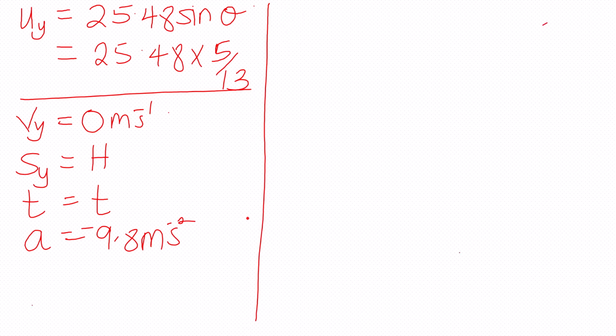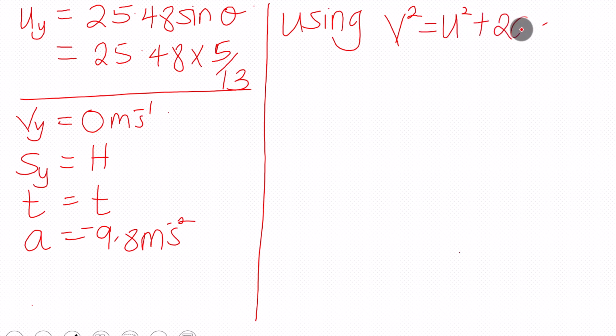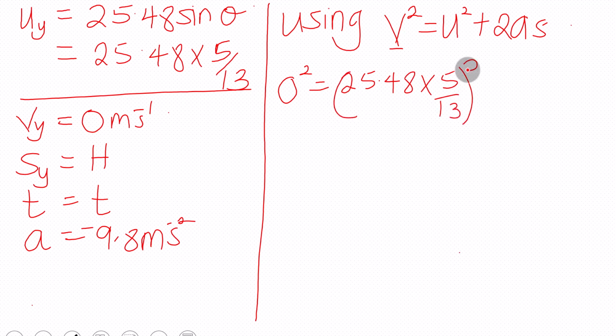Using the third equation of motion, which is v squared is equal to u squared plus 2as, we know that our v squared will be 0 squared equal to u, which is 25.48 times 5 out of 13 squared, then minus 2 times 9.8 h.